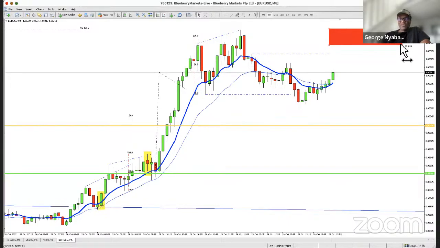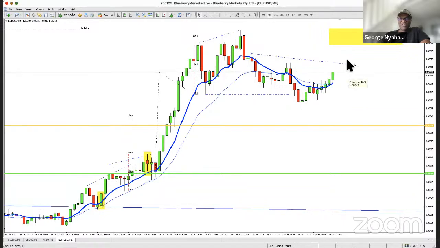So we don't know where it's going to set up or how it's going to set up. But I'm interested in shorting. But I only short when the market gets to where I want to short. Otherwise, I'll just sit and watch and let it go. So you can see the bulls are breaking out just above a potential trend line.